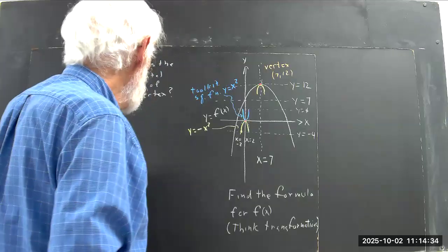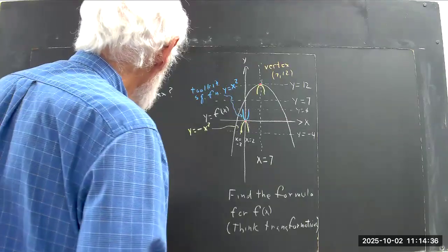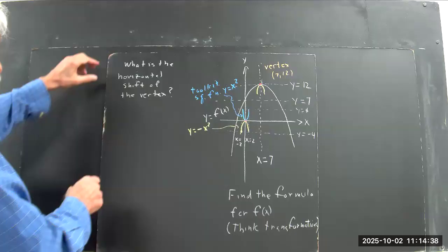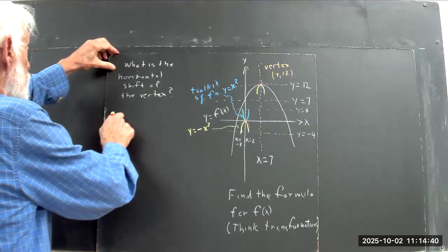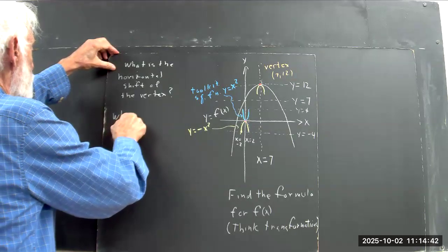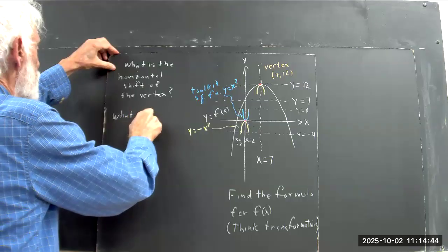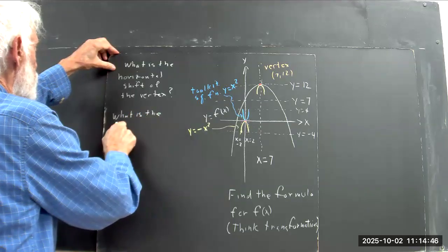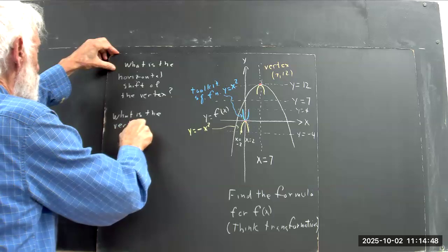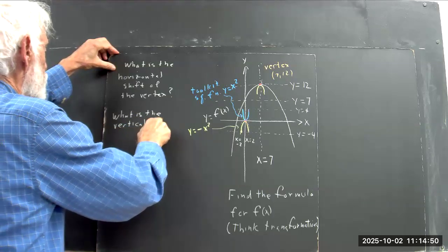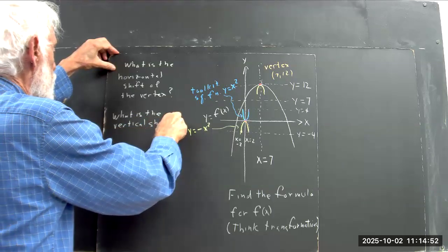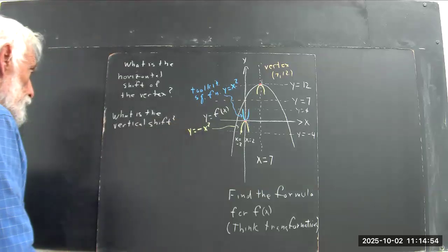So can you write down what you think the horizontal shift would be? And what's the vertical shift?